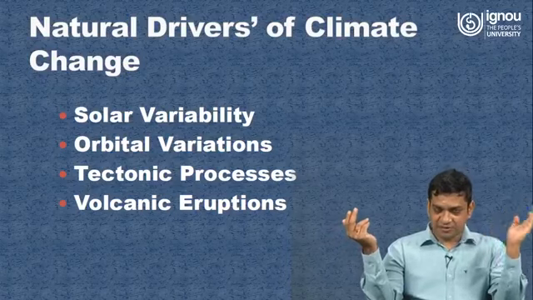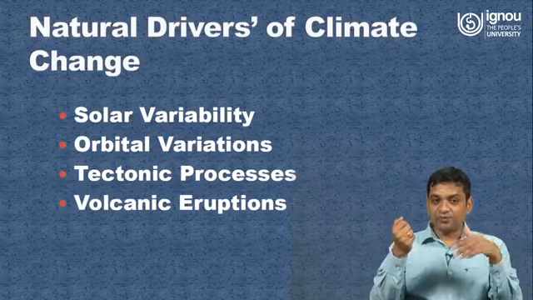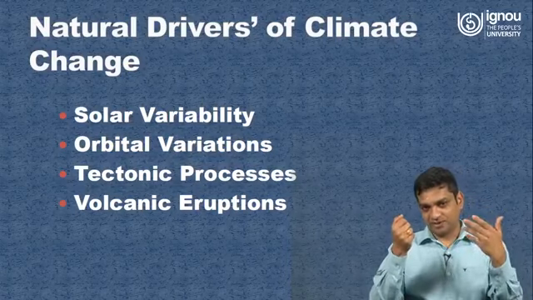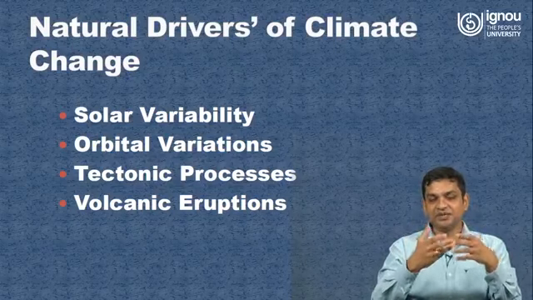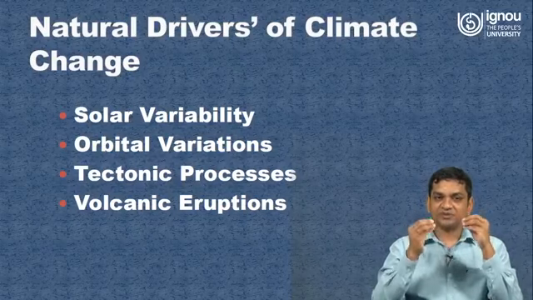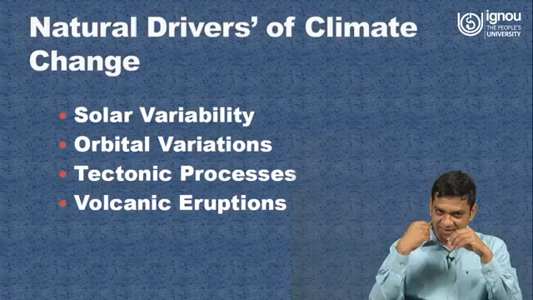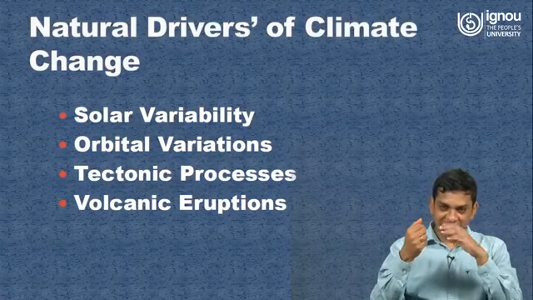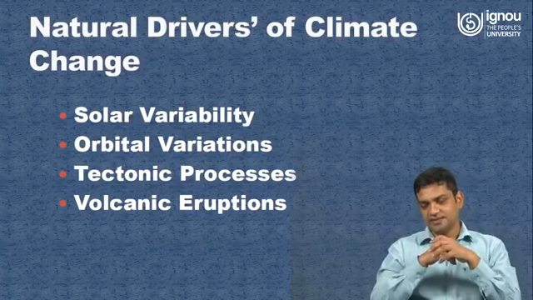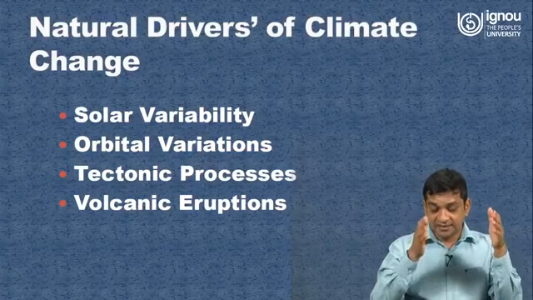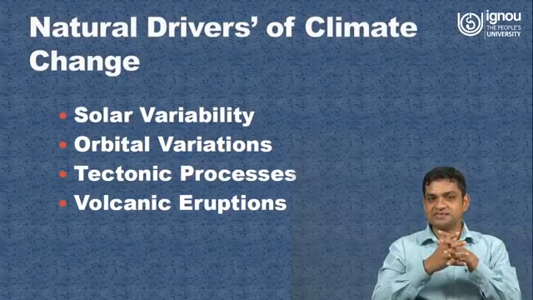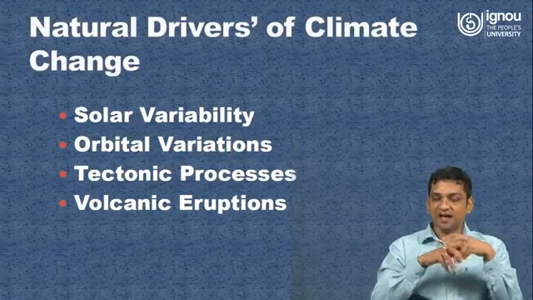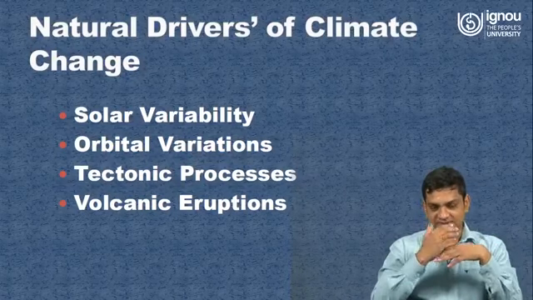Earlier, three to four centuries back, it was less. So what was there all along were the natural drivers. These natural drivers were also responsible for causing a lot of climate change. That is how in the past you will find a lot of glacial epochs, ice ages. This geological history is because of natural reasons. And let us see what the natural drivers are.